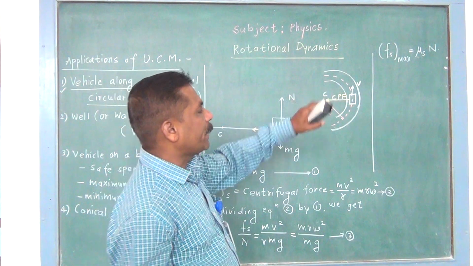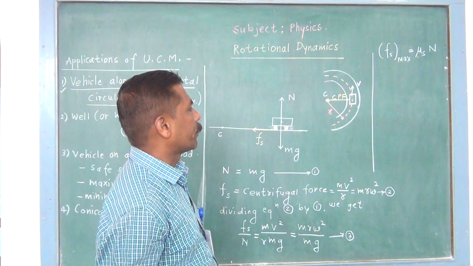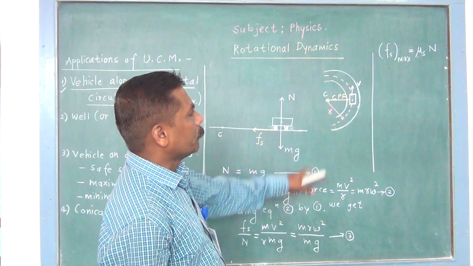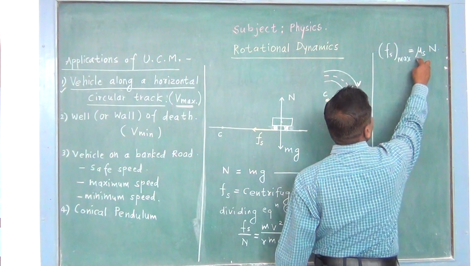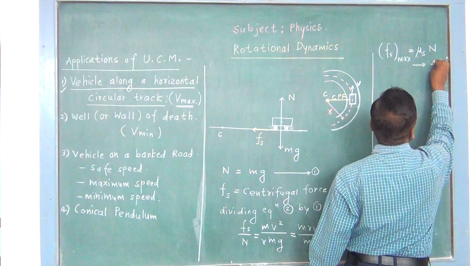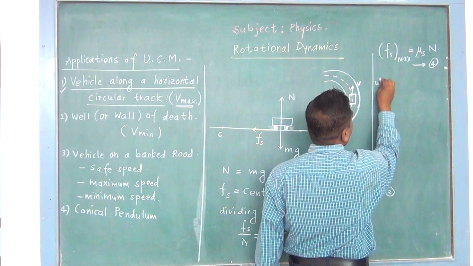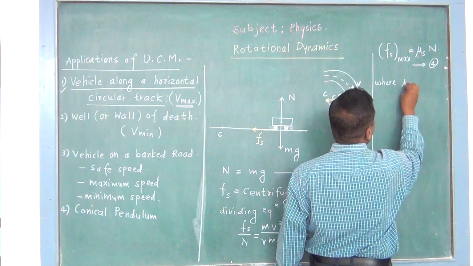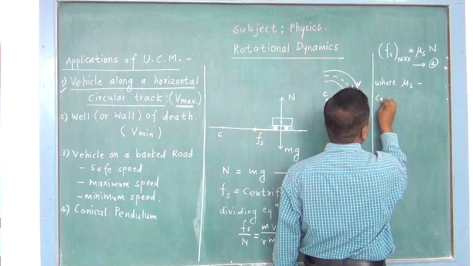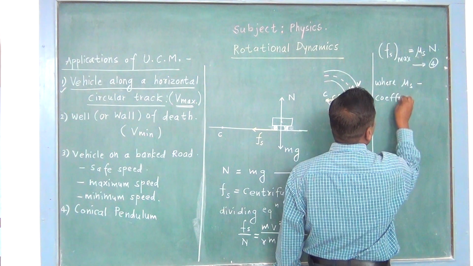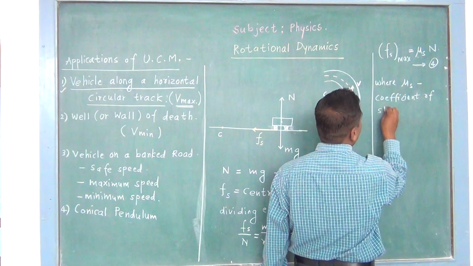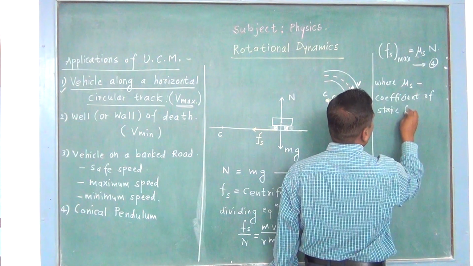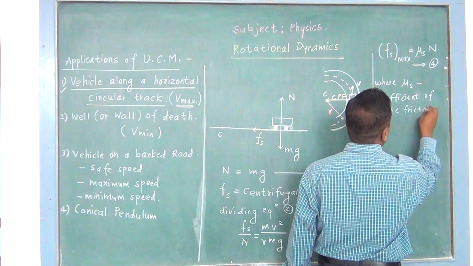So Fs, the static force of friction, is maximum, which is equal to mu s into N. Now what is this mu s? Suppose this is equation number 4, where mu s is called the coefficient of static friction.